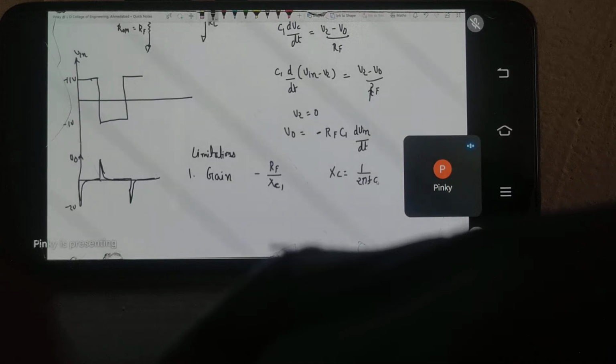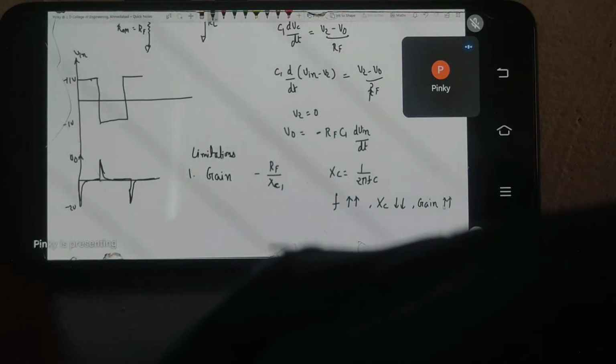Fc. Okay, so as I increase the frequency, what will happen? Is the gain of this differentiator going to increase or decrease? As we increase f, Xc is going to be reduced, and this gain is going to be increased.